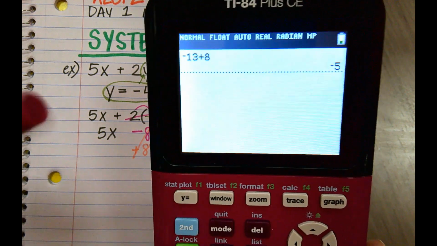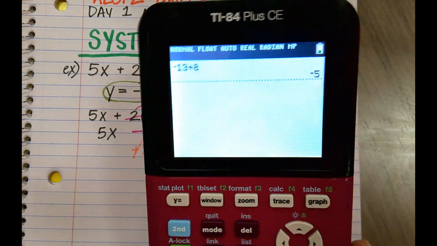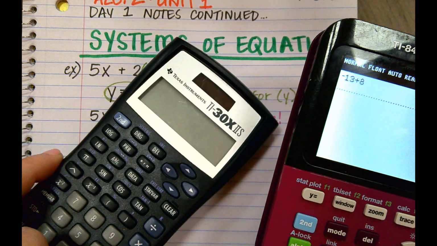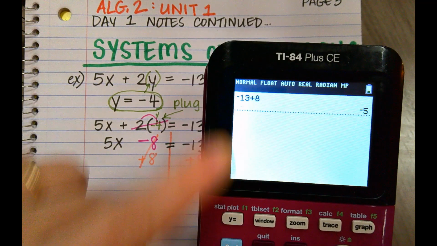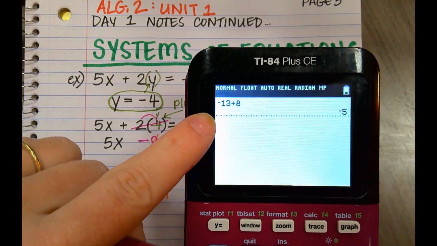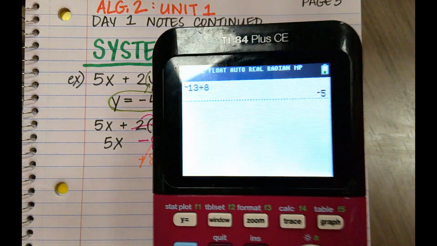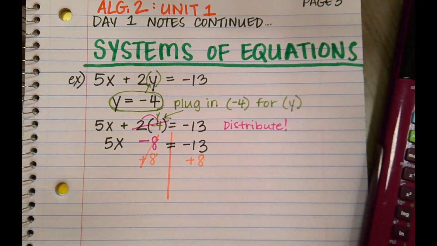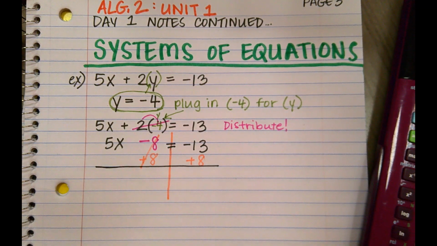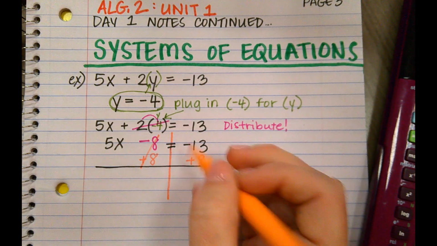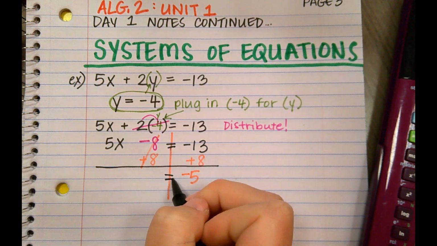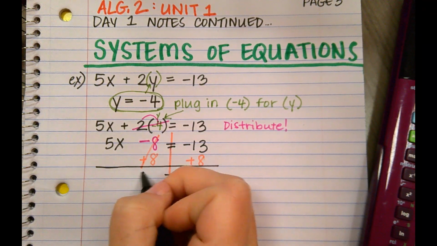And I love these calculators because with the smaller ones, if you don't type your problem in right, there's no way to know. On these calculators, you can see what you typed. So if you made a mistake, you'll know what you did wrong. So we got -5. I'm going to bring that down. So -13 plus 8, we got -5, equals, bring down 5x.